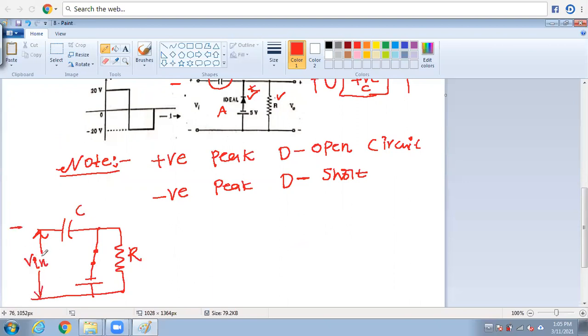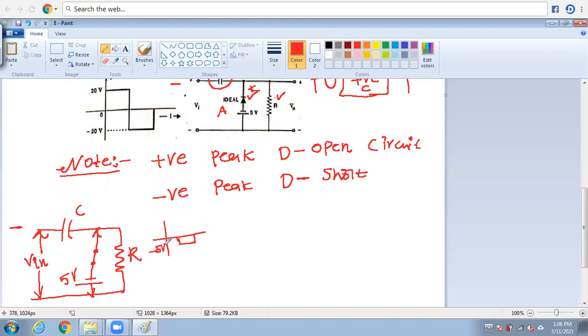If you apply the negative supply, the diode should be short. So this is the 5 volts. Whatever input voltage we give, the output maintains only the reference minus 5 volts.